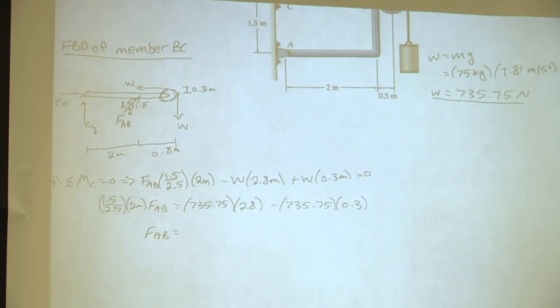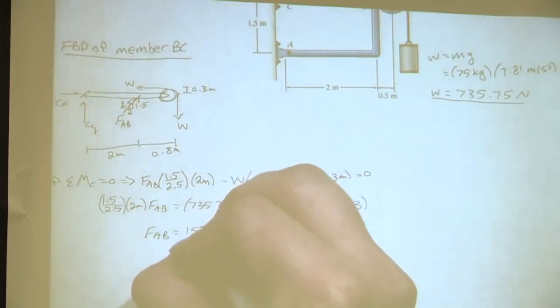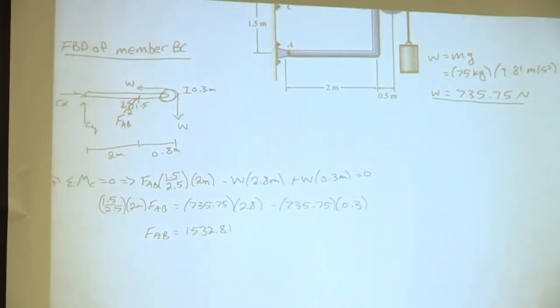So 18 something? Did anyone else get that? Okay, so somebody got 6,000, somebody got 1,800. Anyone else? I got just about 1,500. 1532? Yeah. Okay, so it is 1532.81. And what unit should this be?